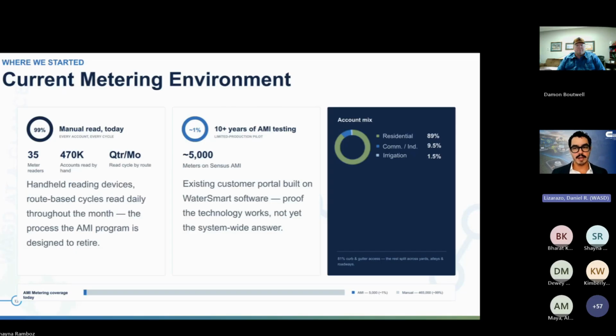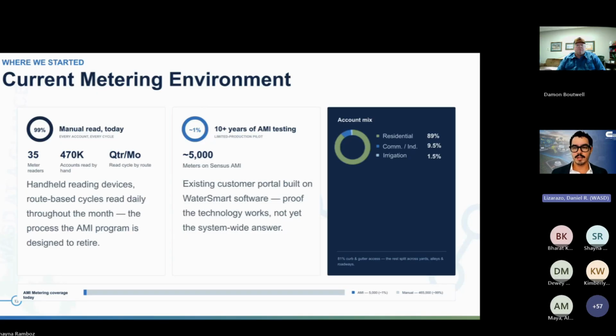Interestingly enough, we have experimented in the past with AMI technology. We did roughly 10 years ago a technology pilot with the Sensus meters that we currently have installed, localized within a municipality within Miami-Dade County, where we tested and became familiar with the software and that aspect of it.